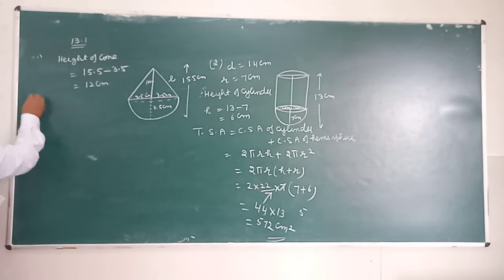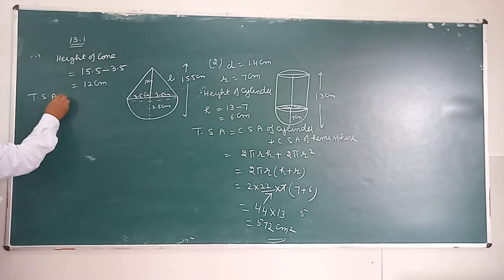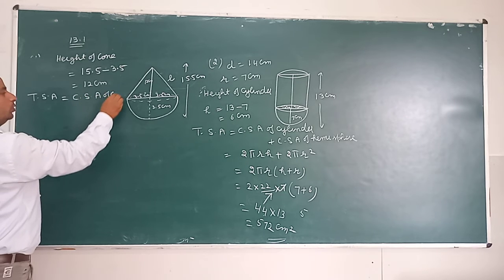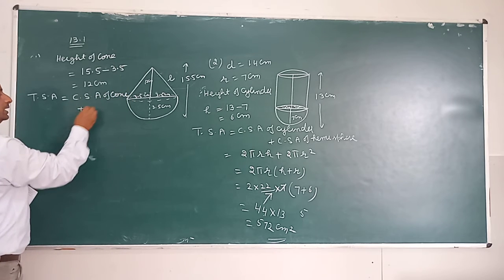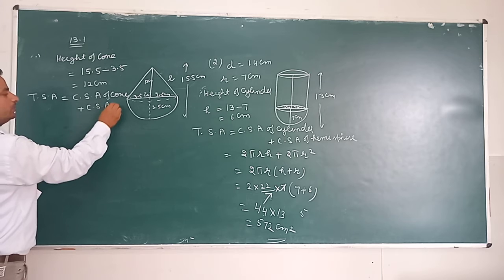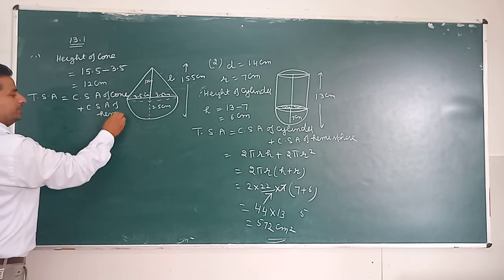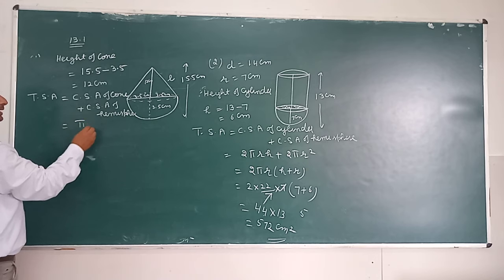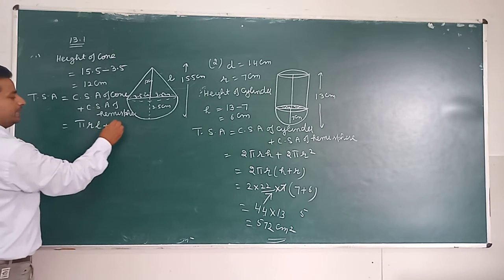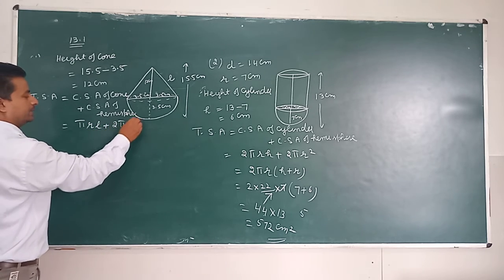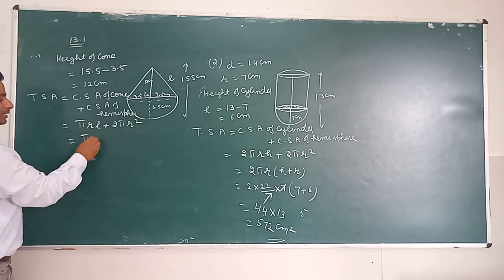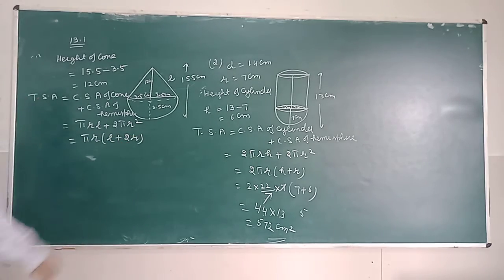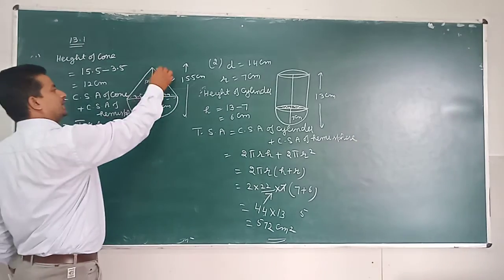So the total surface area of toy is CSA, curved surface area of cone, plus curved surface area of hemisphere. The curved surface area of cone is pi r l and hemisphere is 2 pi r square. When we take pi r common, this is l plus 2r. So first we find this slant height.